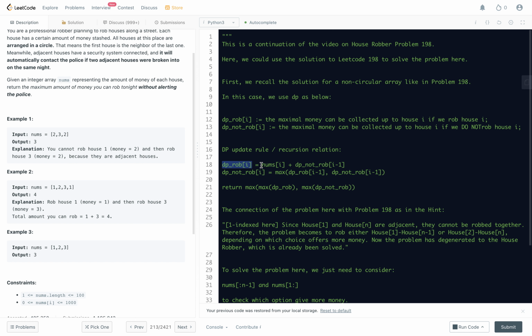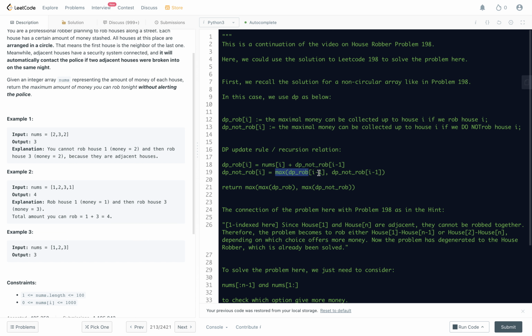First, dp_rob[i]. If we rob the ith house, then the first item is the money in that house, and then we cannot rob house i-1, so we add dp_not_rob[i-1]. For dp_not_rob[i], we can rob i-1 or we can choose not to, right?